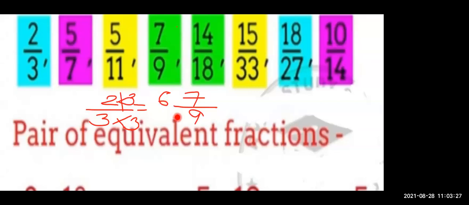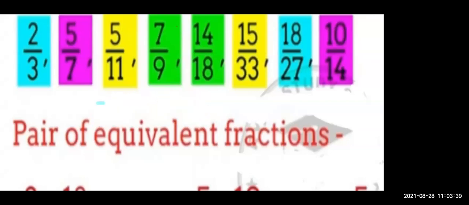So is this matching? No. So we won't take this 7 upon 9. So we have to search which will match 2 upon 3. जिसका equivalent fraction जो same value दिखाएगा. Now you tell me which number I should take. कौन सा fraction लेना है for making the pair same?